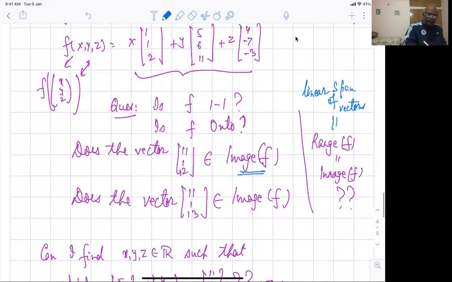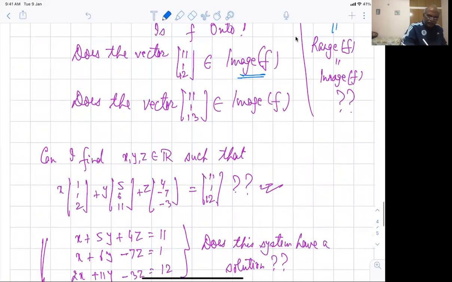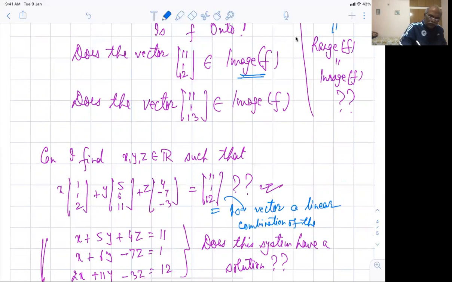When I'm asking whether this vector belongs to the image, it means: is this vector a linear combination of the three given vectors?